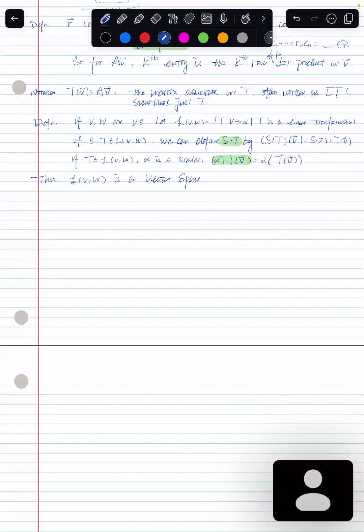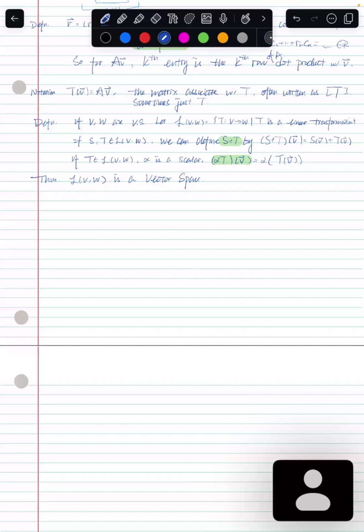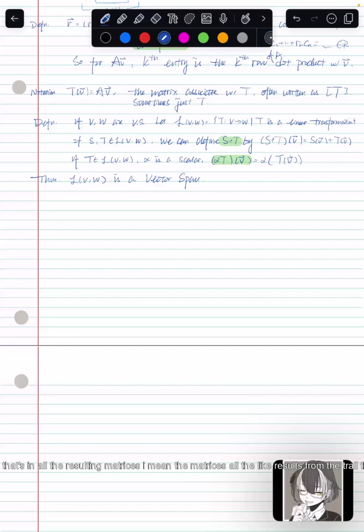Since it's a vector space, what are the vectors in the vector space? Is it all the results from all the transformations?